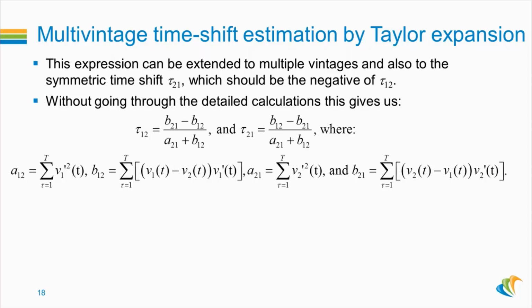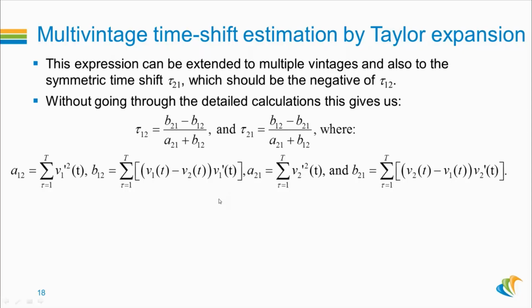Well, you can read those. I won't read them out to you, but they're basically a function of the sum of the squares of the derivative volumes. So A12 is related to V1, A21 to the derivative of V2, and the B terms are the differences between V1 and V2 multiplied by V1t.